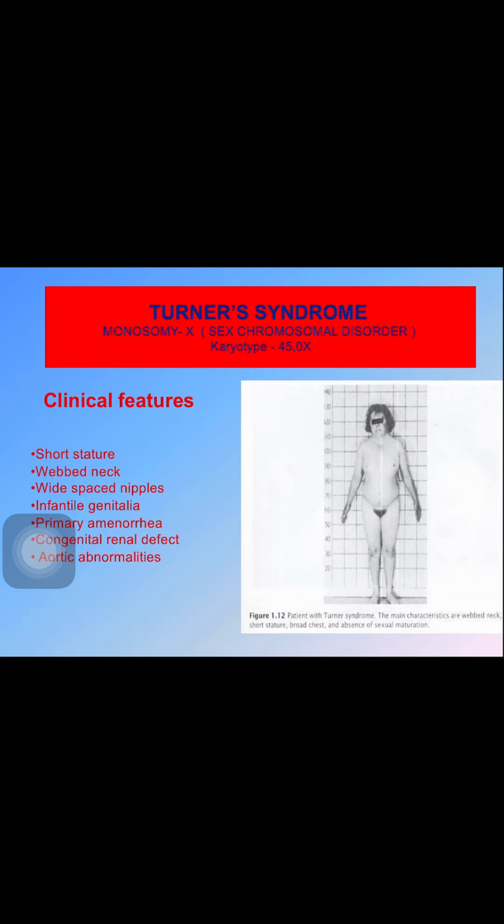She is suffering from primary amenorrhea, meaning thereby she does not bleed monthly. Congenital renal defects inside the abdomen and abnormalities of the aorta in the chest or in the abdomen.